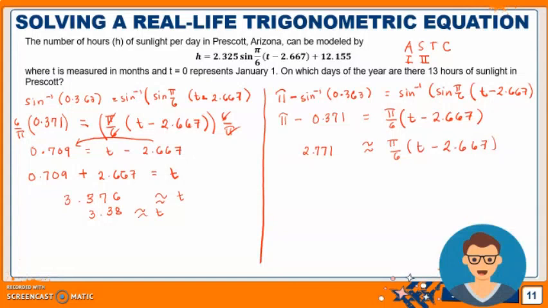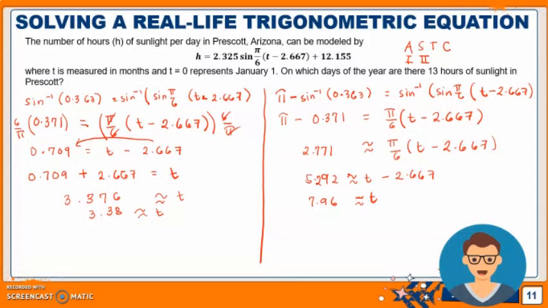Same process as the other side. We'll multiply both sides by 6 over π. So that would become 5.292 = t − 2.667. And then approximately t is equivalent to 7.96. What is the meaning of this one?